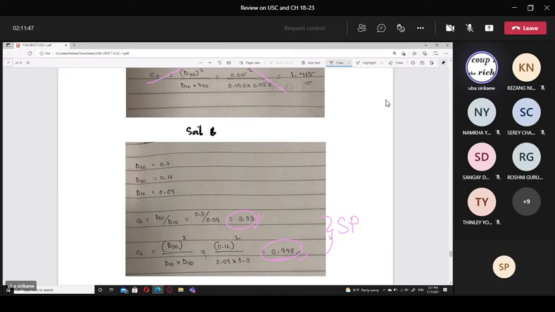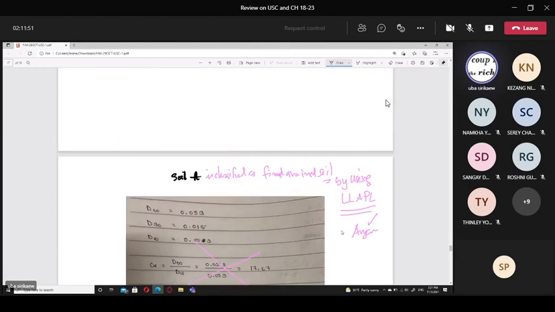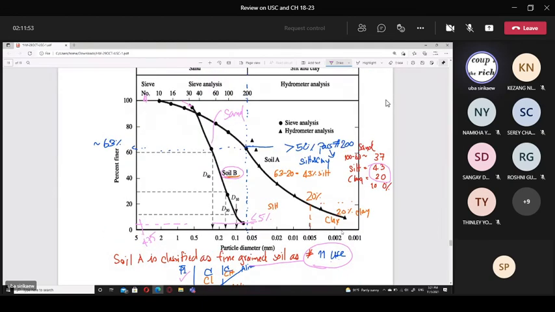SP, poorly graded sand, because it is totally sand. No gravel. 96% sand, maybe 4% fines.